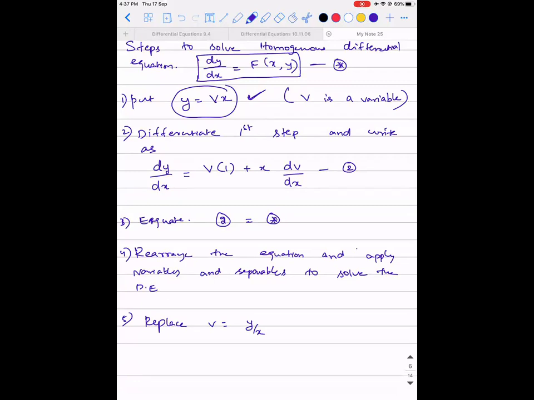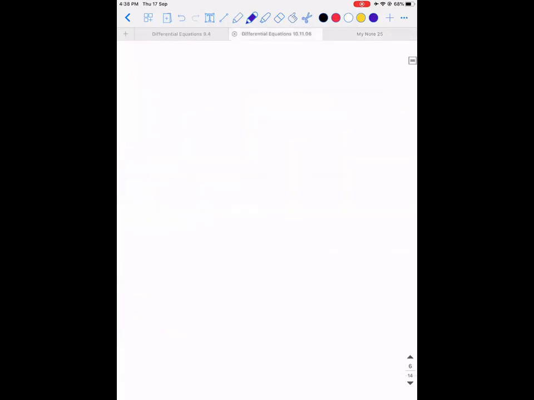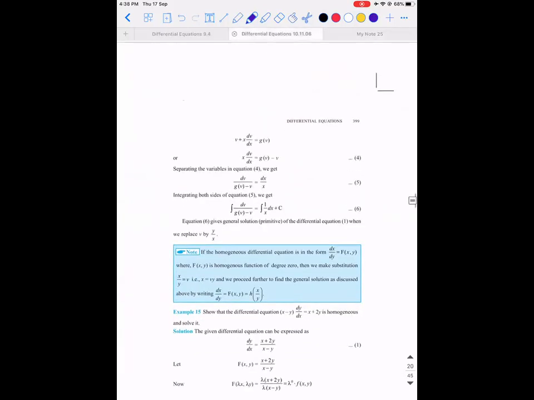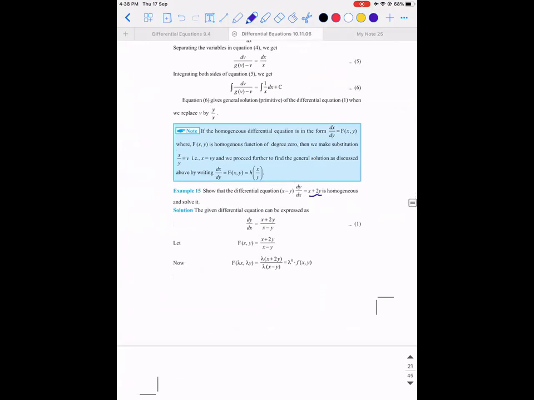So why is it a different method to solve a homogeneous equation? Sir, because you cannot bring it in the explicit form. To be very precise, to solve any differential equation, there is only one method, that is variables and separables. That is the standard method, nothing else is there. But when a differential equation is given, take this question itself, x plus 2y divided by x minus y.